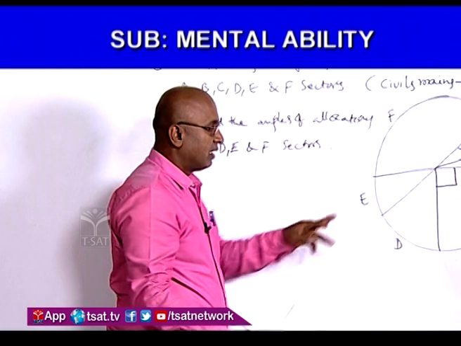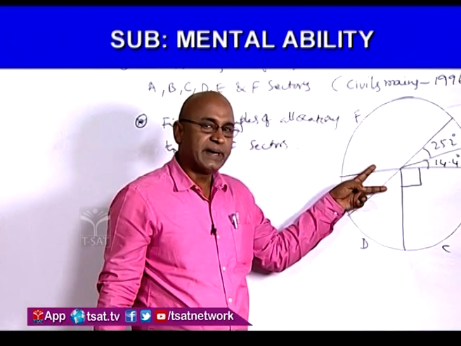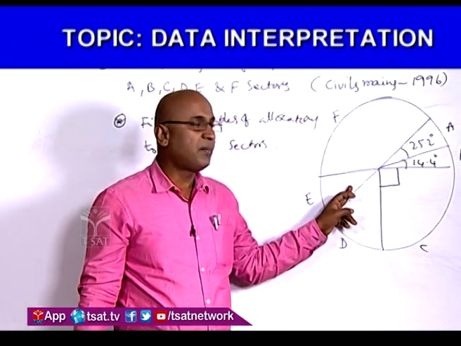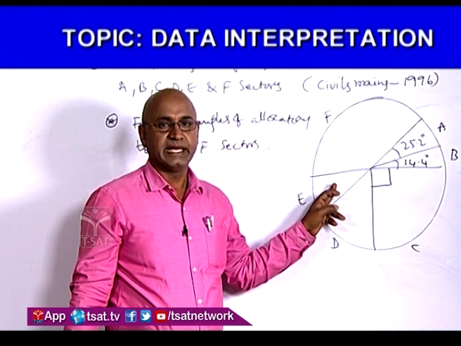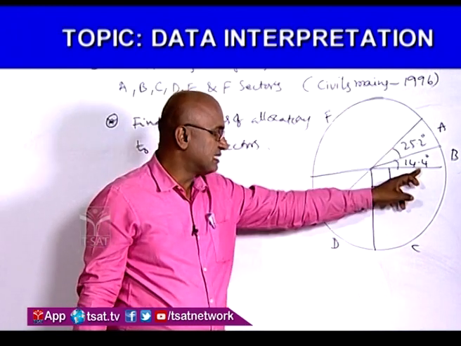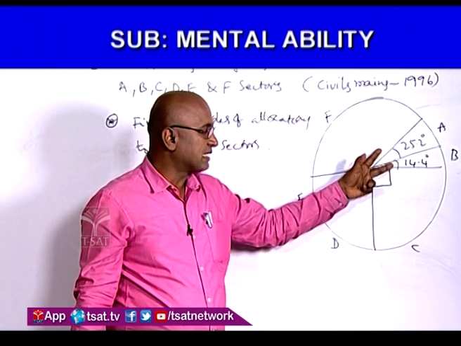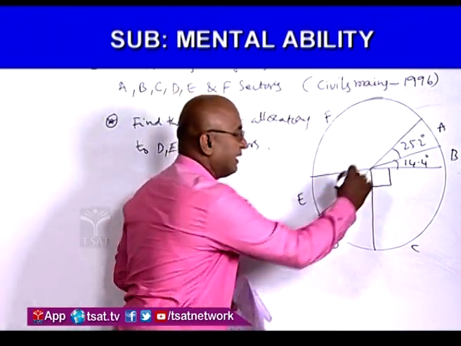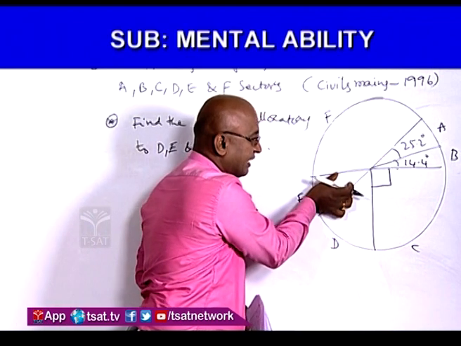See that whenever two lines bisect each other, the opposite angles are equal or same. And this is one line and this is other line. When these two lines are bisecting, this angle is equal to this angle.